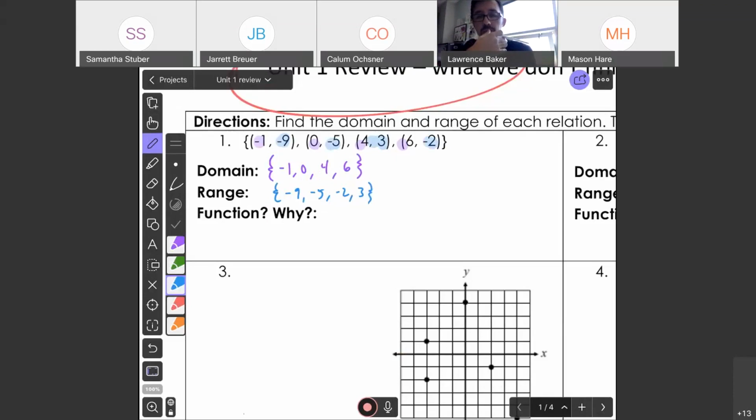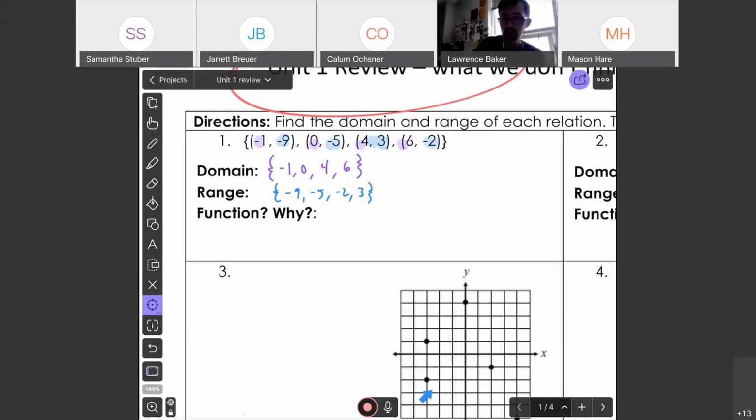That wouldn't work. So what's going on there? Those 2 points have the same x value, but different y values. So the same x can't have 2 different y's. I don't know if that's what you were trying to say, June. The same x can't have 2 different y's or multiple y's associated with it.